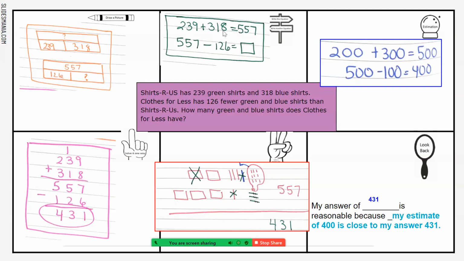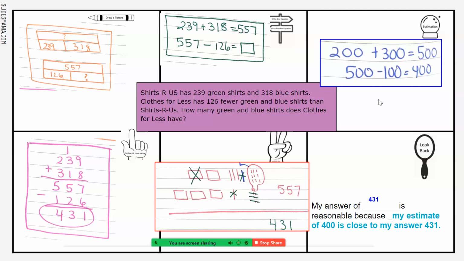So again, you're having students right here justify why this makes sense. Why are we adding these two? And then why are we subtracting 126? We want them saying to each other, we have to subtract that from the total number of blue and green shirts from Shirts R Us because they have 126 fewer. We want them using this academic vocabulary, okay?